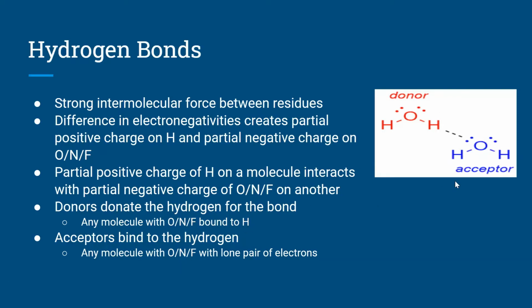In that case, we have a donor that donates the hydrogen for the hydrogen bond. It's any molecule with an oxygen, nitrogen, or fluorine that has a hydrogen bonded to it, which creates the partial positive charge on the hydrogen. Acceptors are the molecules with an oxygen, nitrogen, or fluorine with a lone pair of electrons that has the partial negative charge, and that binds to the hydrogen from the donor.